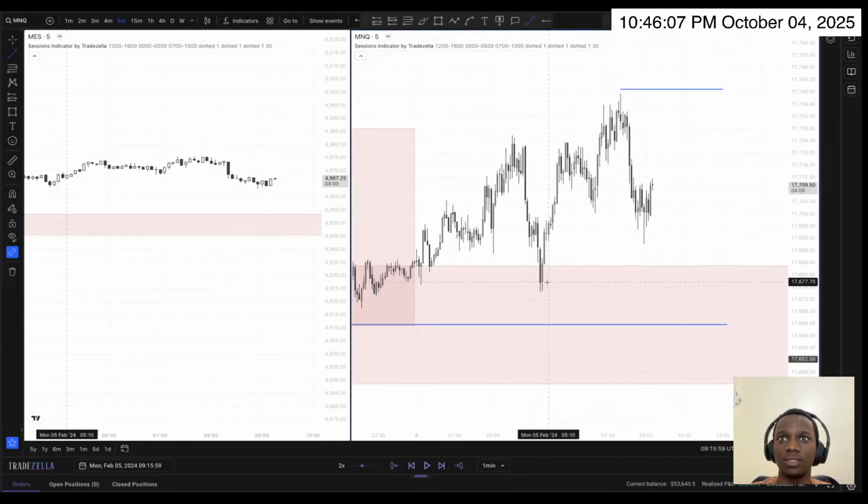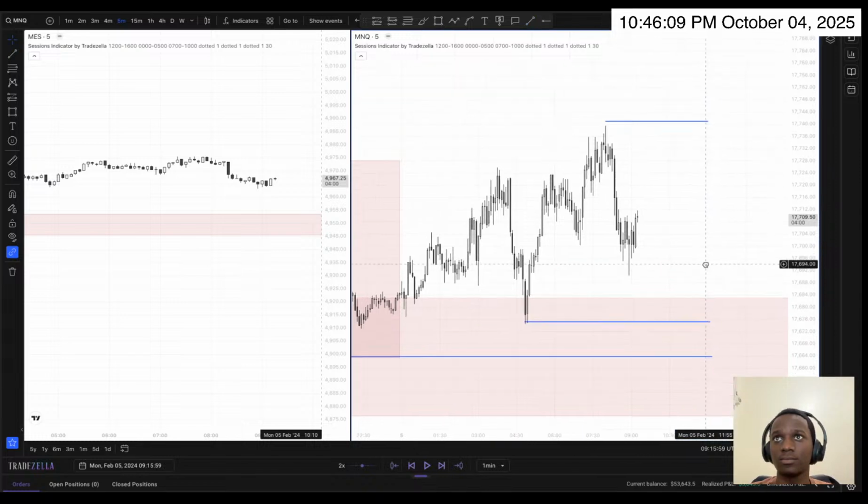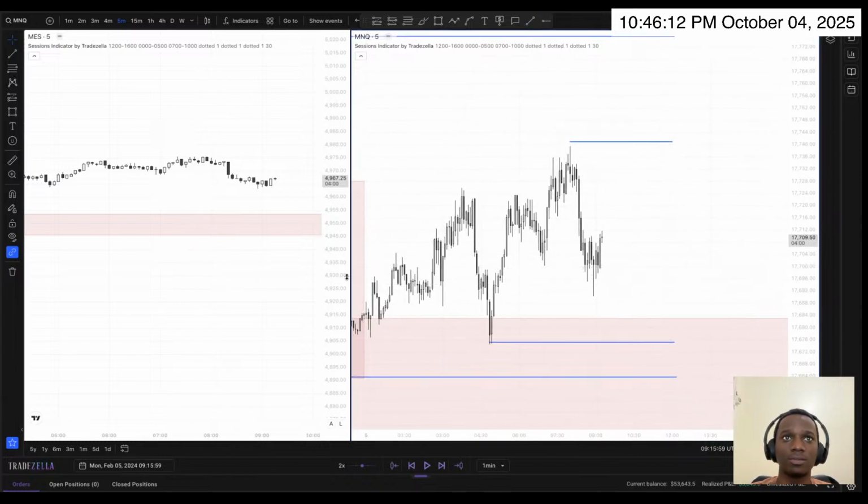We also have yet another low here. We've just run this one.